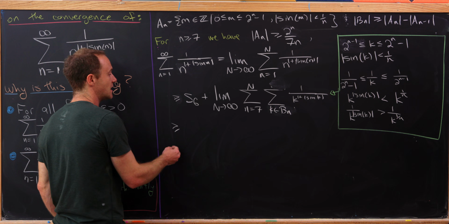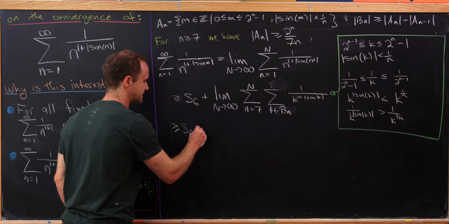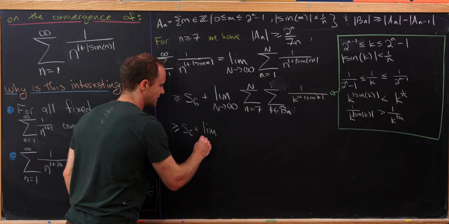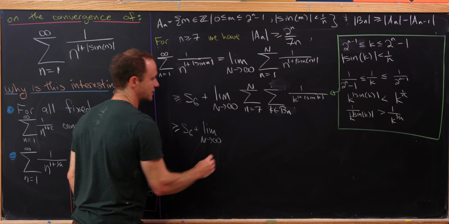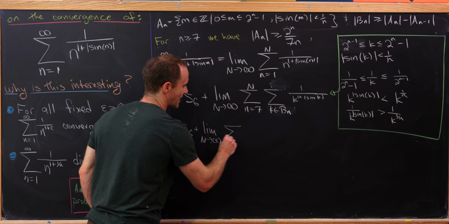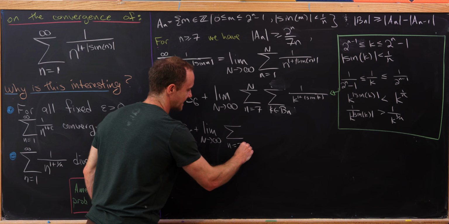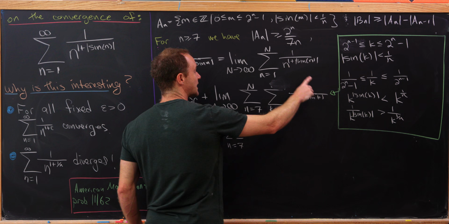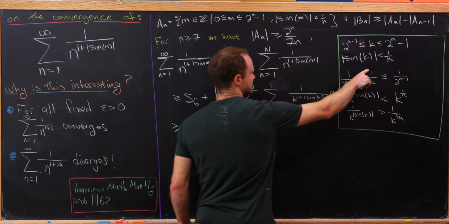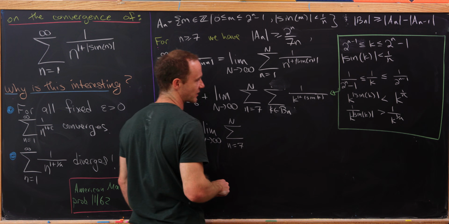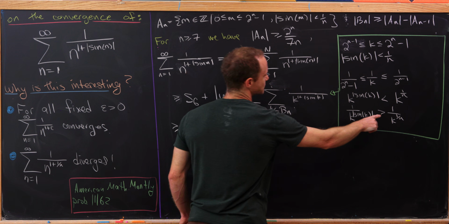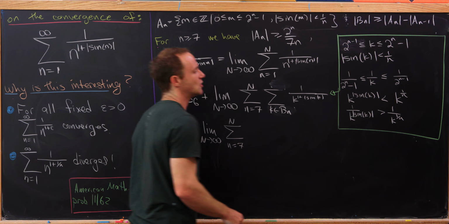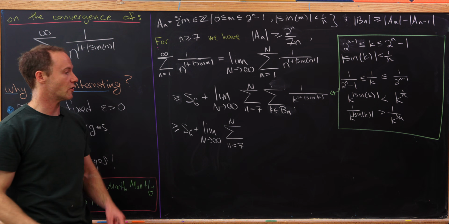So this is going to be bigger than or equal to s sub 6 plus the limit as our capital N goes to infinity. And then we have the sum as lowercase n goes from 7 to capital N. And then we can wrap all of these together with the smallest possible value of 1 over k, as well as the smallest possible value of this 1 over k to the 1 over n.